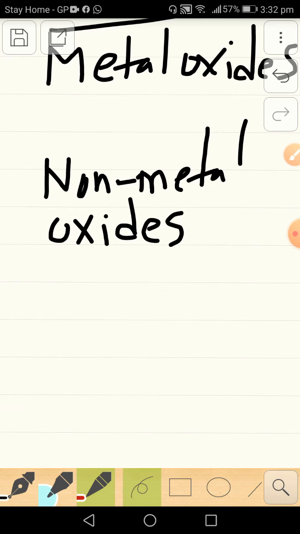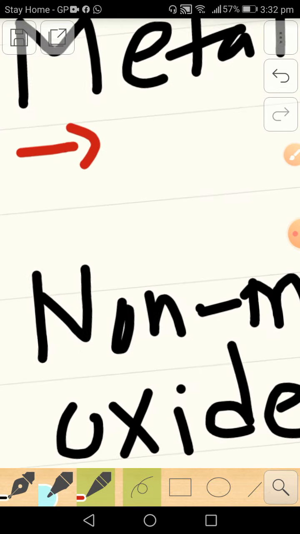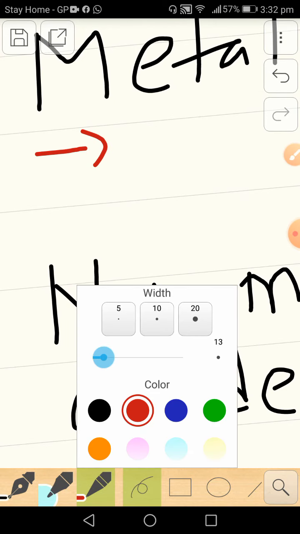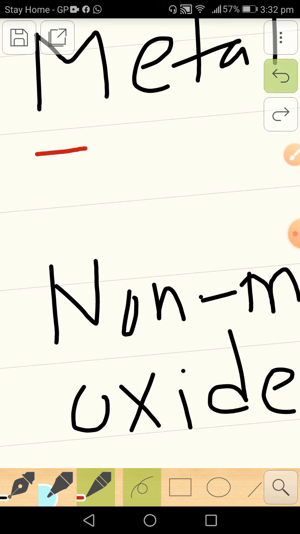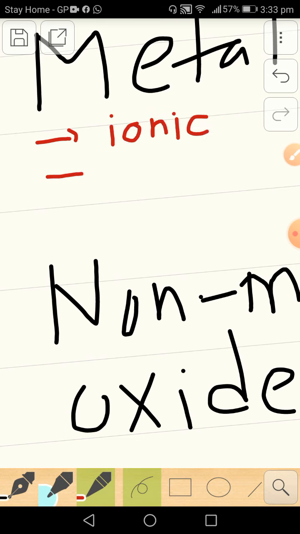Okay, so metal oxides are usually all ionic, and you know metal oxides, they react with acids.